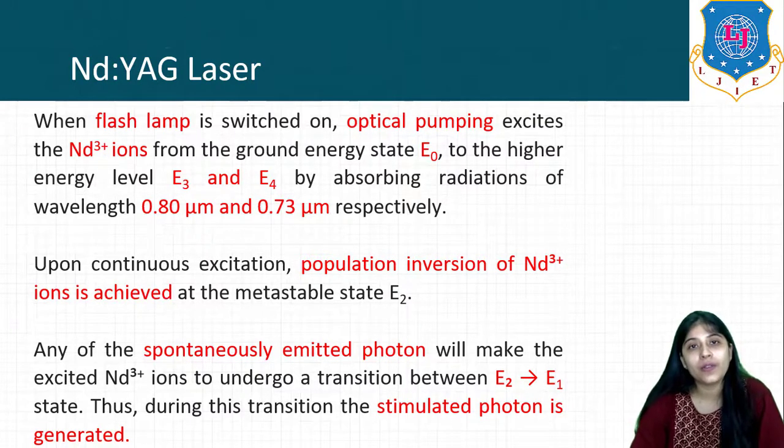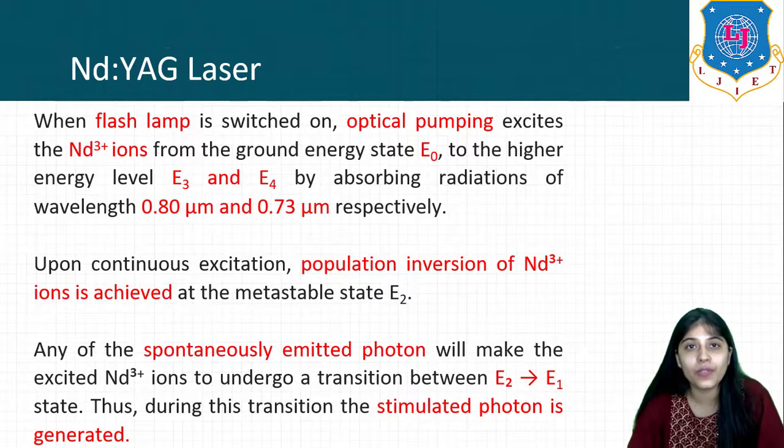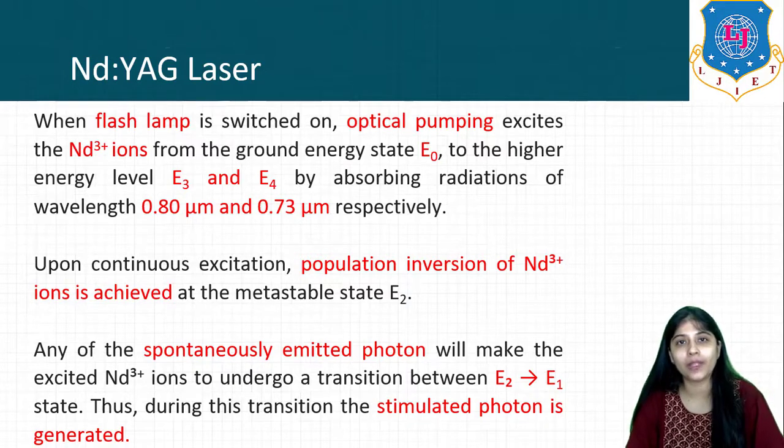These are the different types of lasers which involve different types of pumping and contain different types of active medium. For example, the Nd:YAG laser is a solid state laser in which optical pumping is used.